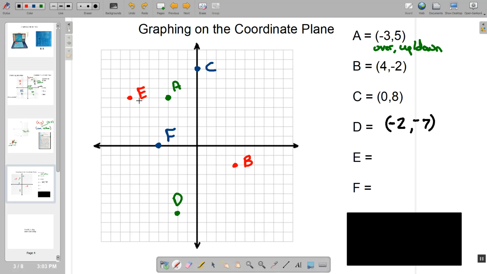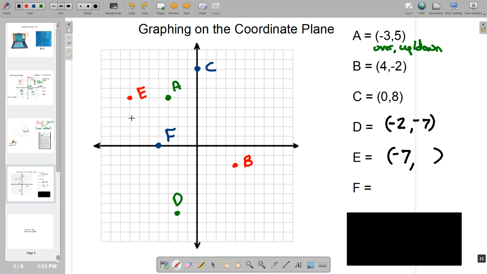Point E is over here. So once again, starting from the origin, I'm going left. So it's a negative. And I'm going left 1, 2, 3, 4, 5, 6, 7. But then I'm going up, making the up, down a positive.